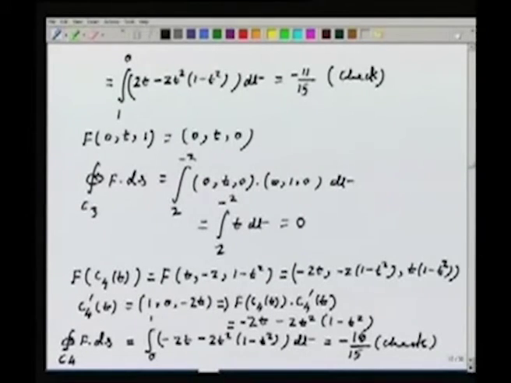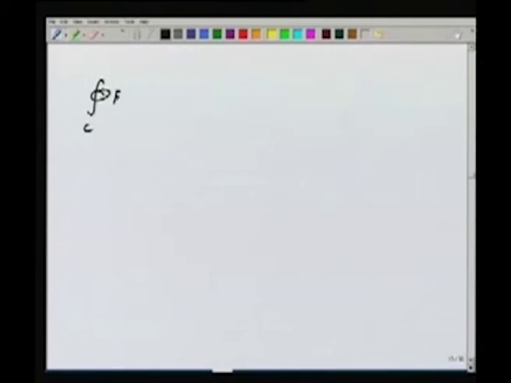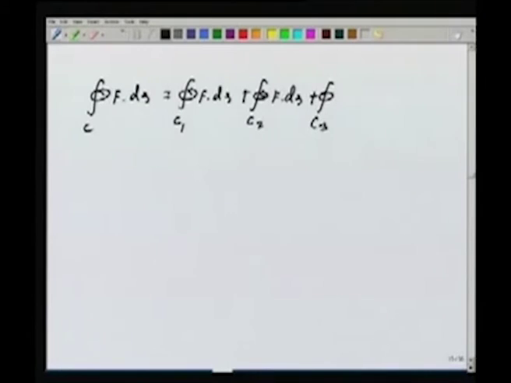So finally, when I look at the total line integral, that means integral over C f dot ds, I write it as integral over C1 f dot ds plus integral over C2 f dot ds plus integral over C3 f dot ds plus integral over C4 f dot ds.